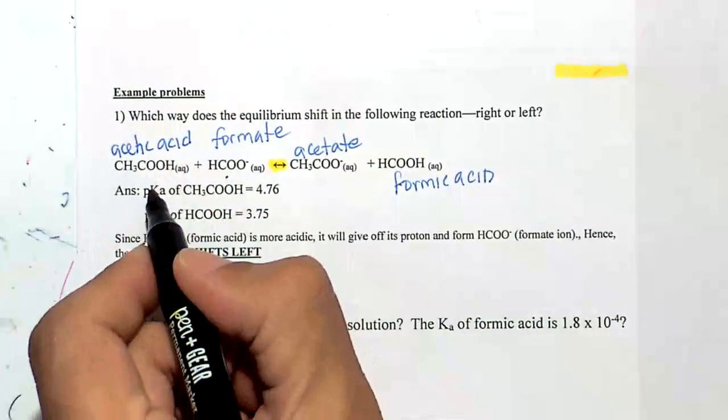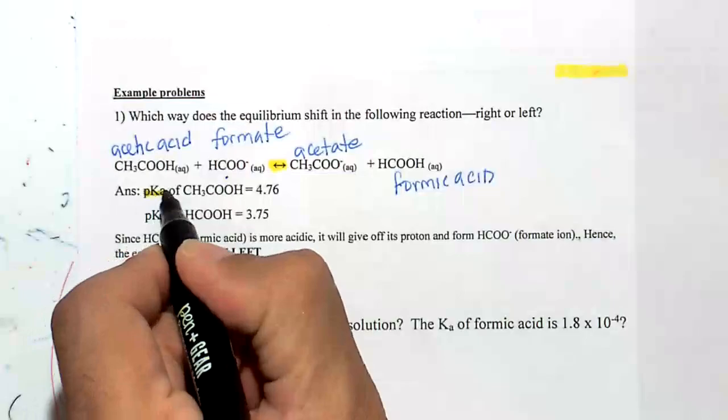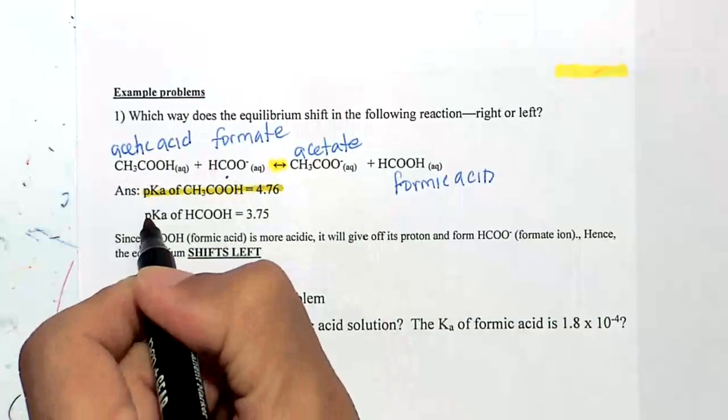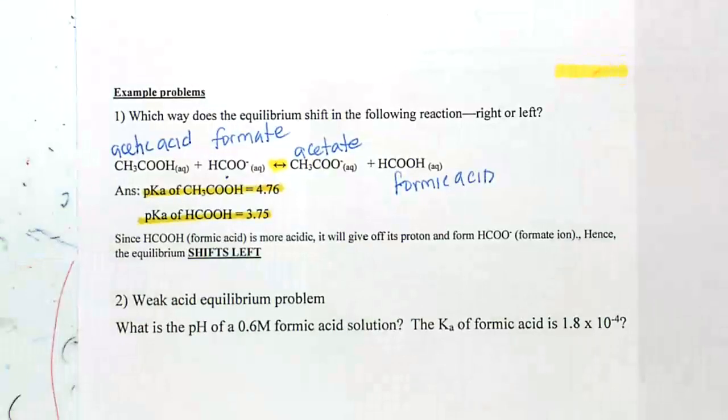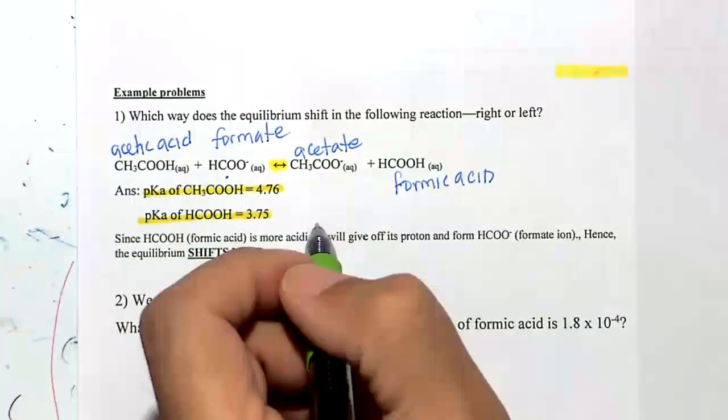All right, so the pKa of acetic acid is 4.76. The pKa of formic acid is 3.75. So which is the stronger acid? Speaking of ranking acids, which would be the strongest acid? Formic acid or acetic acid?